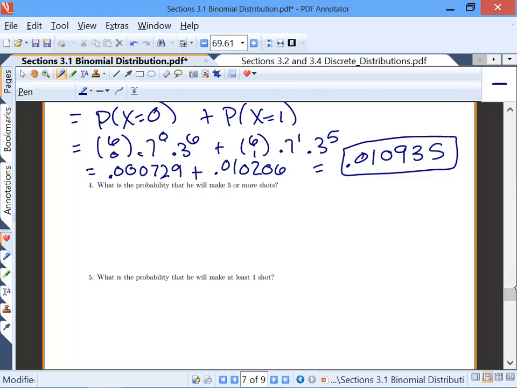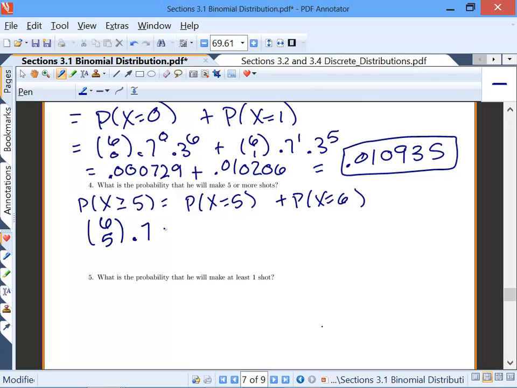So the next one, what is the probability that he will make 5 or more shots? So we're looking for the probability that x is greater than or equal to 5. And so what x values will that entail for me? 5 and 6. Okay, so we need to plug it into our formula. So to get x equals 5, I need to have 6 choose 5. He needs to make 5 of them, which means he has to miss 1 of them.